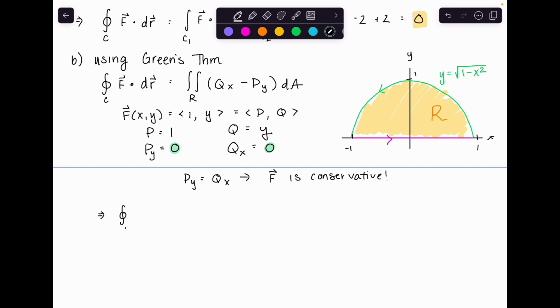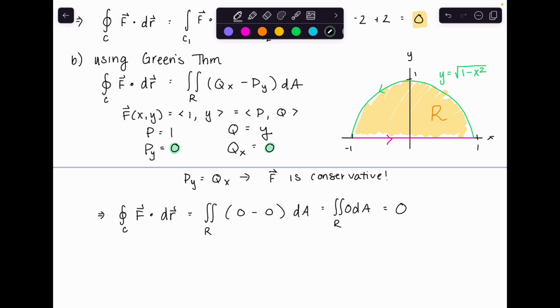So this line integral turns into this double integral. I don't even need to write the bounds because Qx is 0, Qy, or Py is 0. So you're finding an integral over nothing. This is nothing, okay?